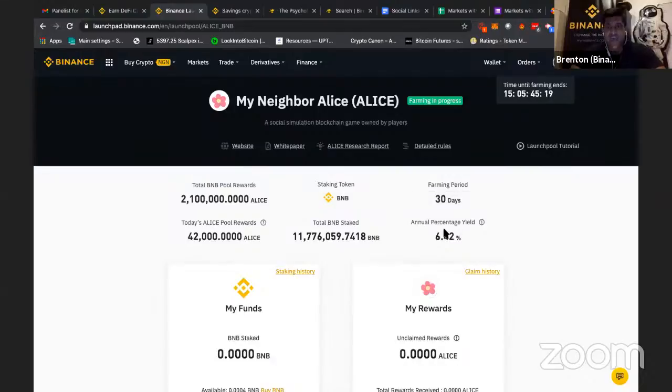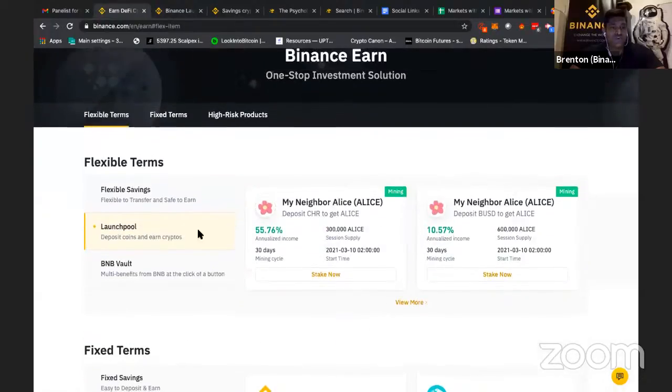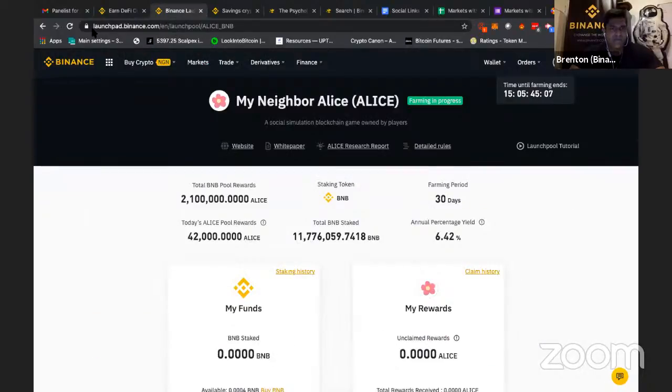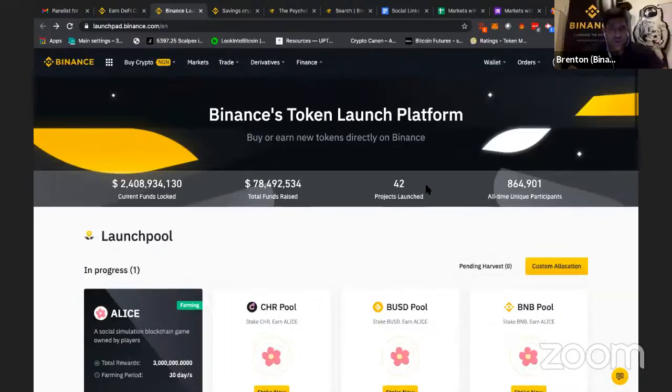And you can see that Binance has already launched, let's go back to the, Binance has already launched, I think it is 42 projects through the launch pool. Here we go, 42 projects through the launch pool. They've raised over $78 million through this launch pool.